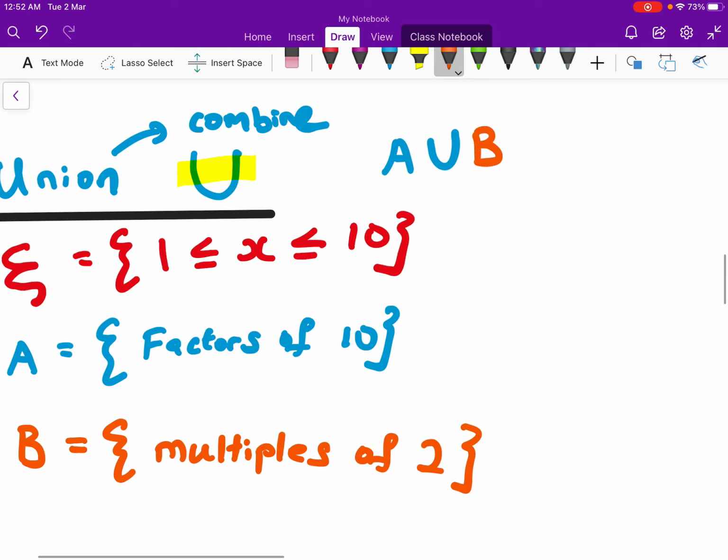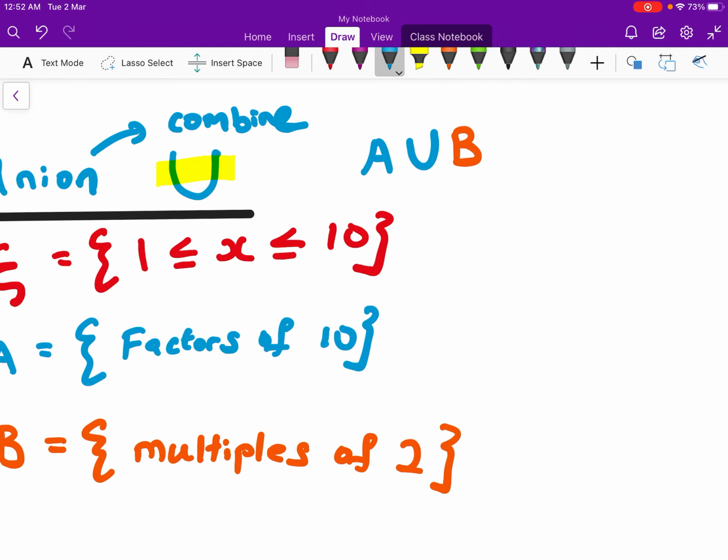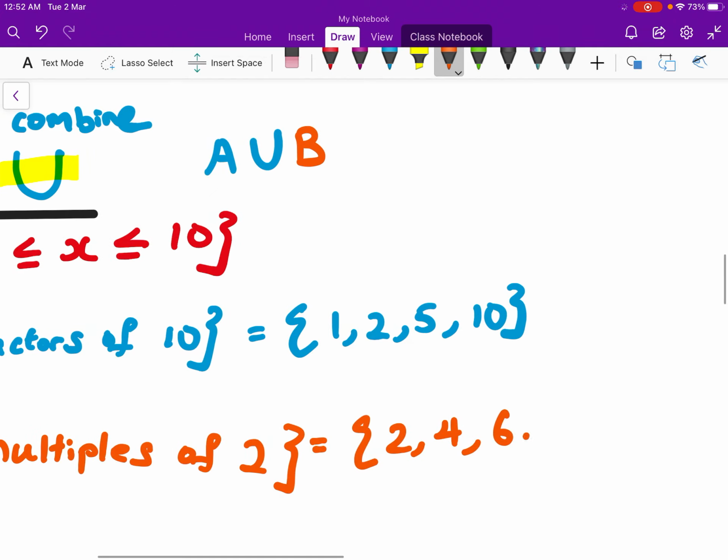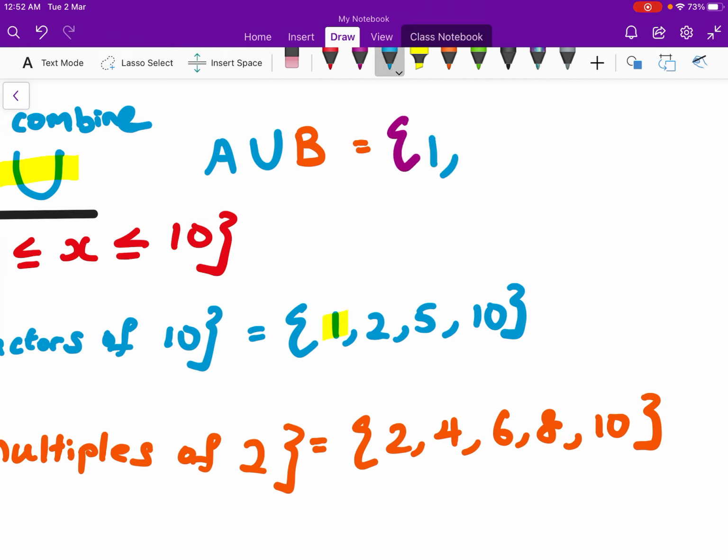But A union B means I want everything that is in A and B. Same thing. For this, A is a factor of 10, so it's 1, 2, 5, 10. B is a multiple of 2, so 2, 4, 6, 8, 10. A union B means I want everything that is in A and B, which is 1, so I put 1.